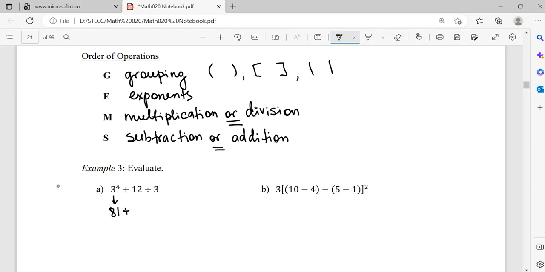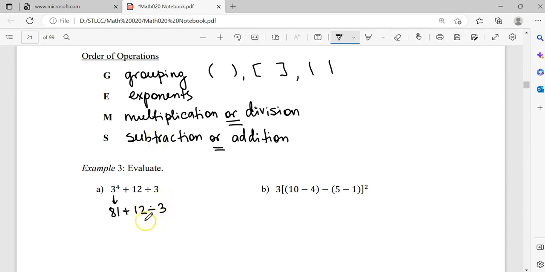And then we rewrite the problem: 81 plus 12 divided by 3. Now we're looking at the next line, and we're asking ourselves again: we have an addition and a division, so I have more than one operation present, and I need to choose which one gets done first. I look at my order of operations, and multiplication and division come before subtraction or addition.